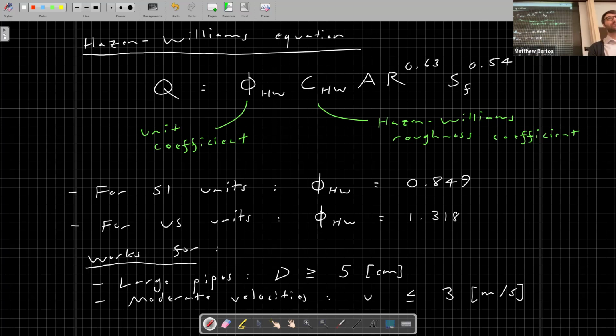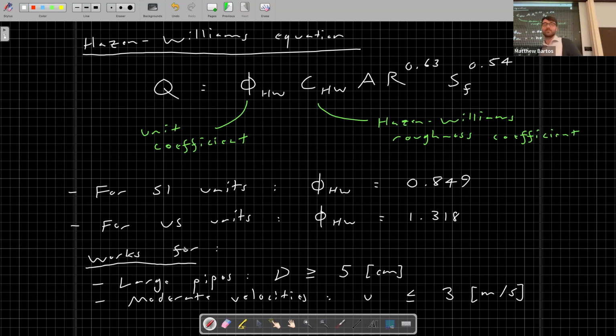Good questions. If you're curious, though, you can figure out what these units need to be based on the units of the other expressions. The Hazen-Williams roughness coefficient will be unitless. Okay, good questions. Any other questions about the Hazen-Williams equation or the Manning's equation, their uses and or limitations?